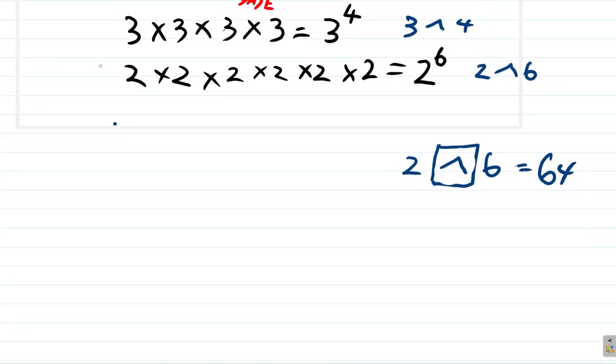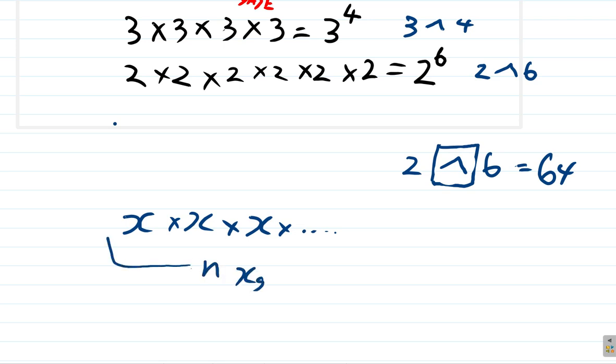So in a general way, if we have the repeated multiplication, x times x times x, and so on, n times, there are n x's here, right? So you have n x's multiplied by itself. What you say is x is the number that repeats itself, right?